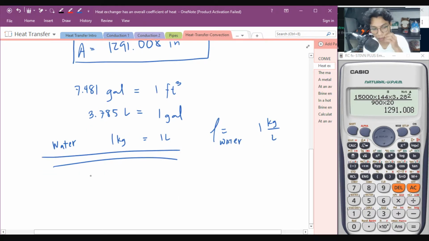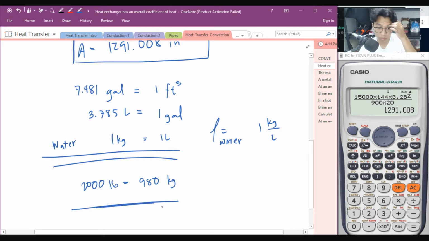Sa mass, meron pa. You have 2,000 pounds equal to 980 kilograms. Pwede na tong conversion na to.